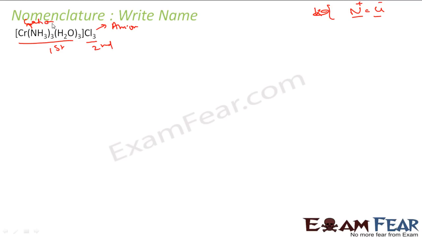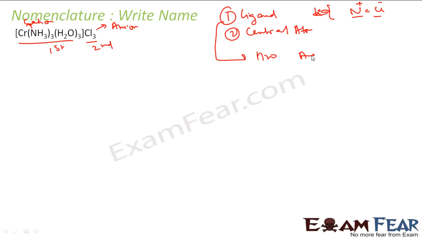In this cation, in the whole complex, first priority is given to ligands, and then the central atom. Correct? This is the rule we have seen. So let's write the ligands. The ligands we have are water, which is aqua, and ammonia, NH3, which is amine.